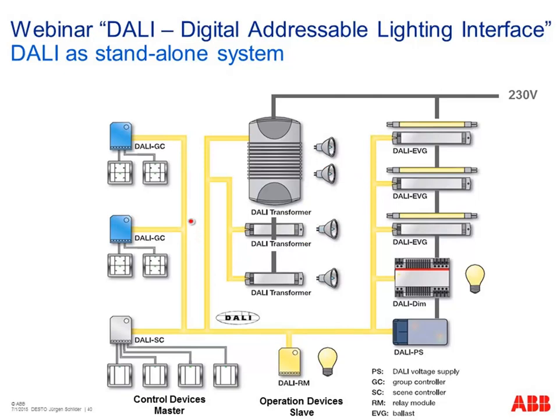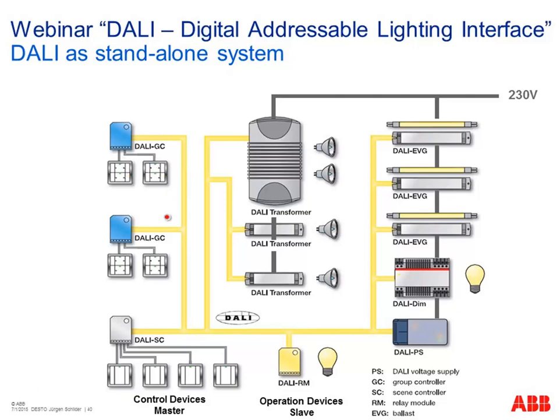And on the left side we can see our so-called DALI control devices, like here our DALI group controller. This is a kind of device like we have it in our KNX world, the universal interface. So this is a kind of input module, and we can connect here standard mechanical push buttons. So no special DALI sensors available, only such typical input modules to connect standard push buttons.